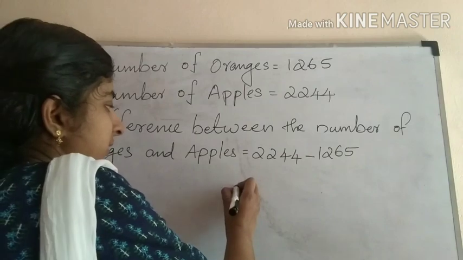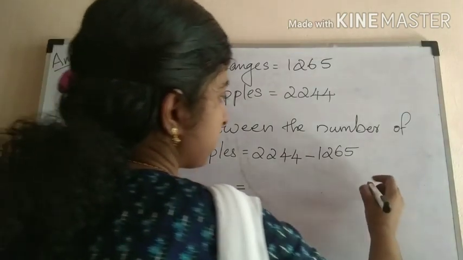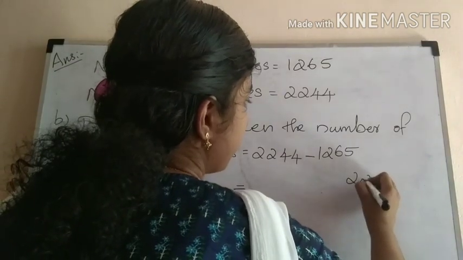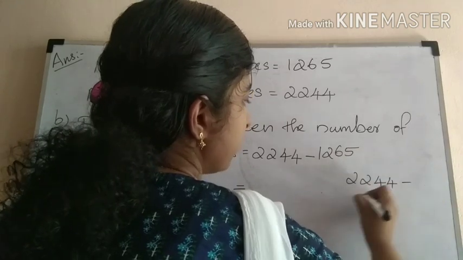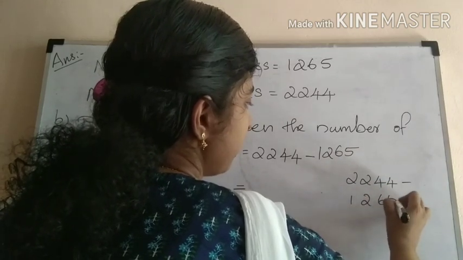Then find the difference. Subtract 2244 minus 1265.